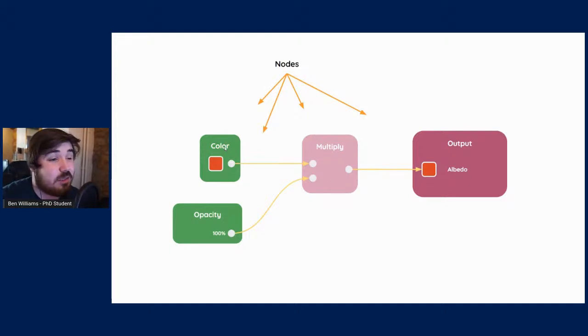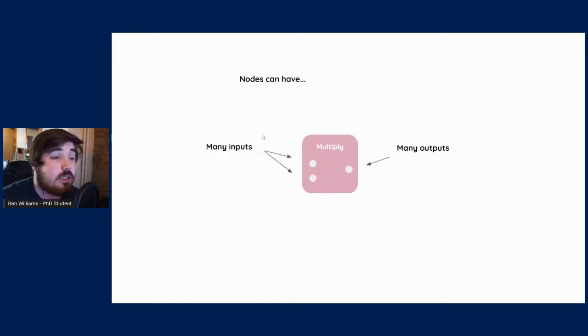So we have a color node, we have an opacity node, we have a multiply node, we have an output node, right? All of these are nodes. Nodes can have many inputs and many outputs. For example, this multiply node, as the name suggests, just multiplies two inputs and produces one output.